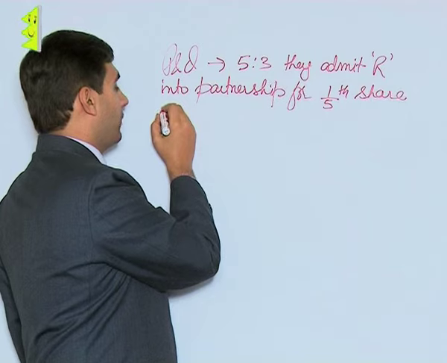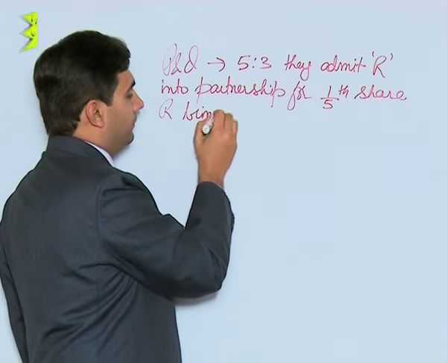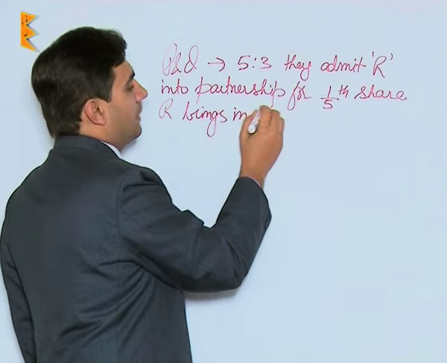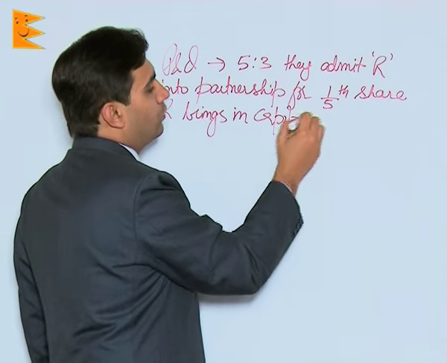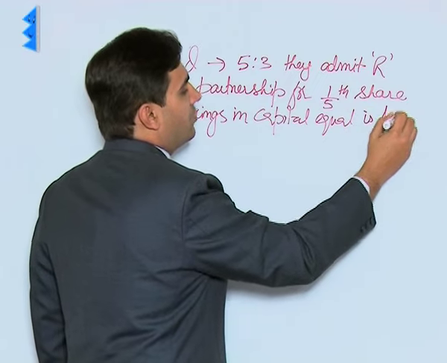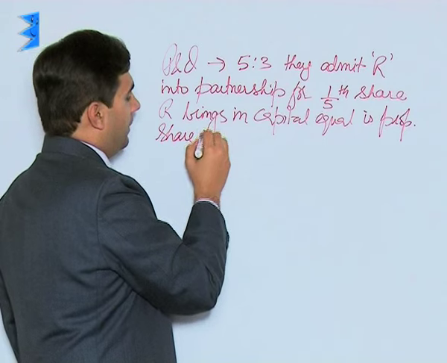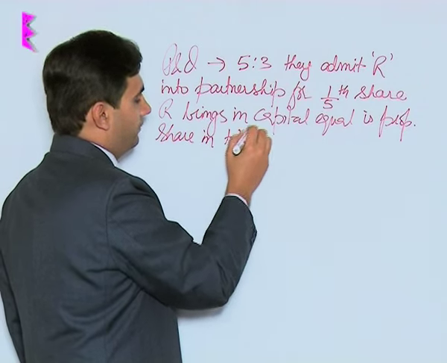So now the question further moves on to say that R brings in capital equal to his proportionate share in the total capital of the firm.